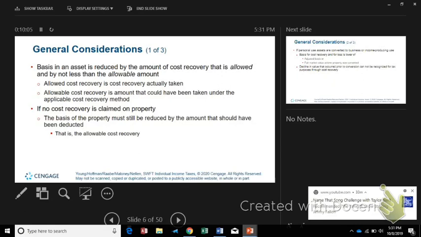So one of the things that some individuals don't realize, like when you have a rental property or when you take depreciation, for example, when you use your home as an office. If you depreciate your home for a home office, you're reducing the basis of your home because you're depreciating your home. So you're taking a tax benefit of your house. So therefore, when you go and sell your house, if you're not taking the exclusion, your basis of your house is getting slightly smaller.